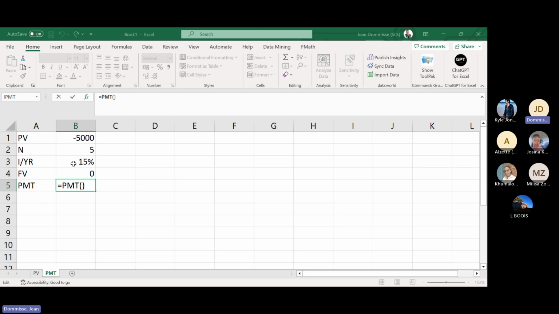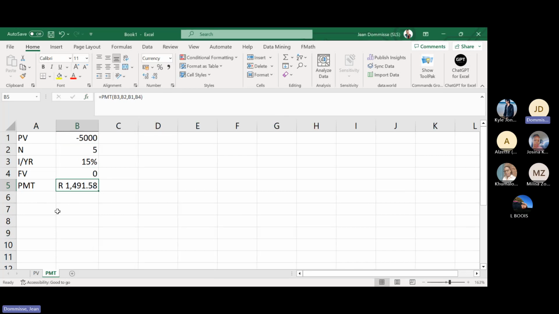So the interest rate we said was 15%, for 5 years. Present value was 5,000. Future value is 0. And there we have 1491.58. Okay, so there we have the payments per year.